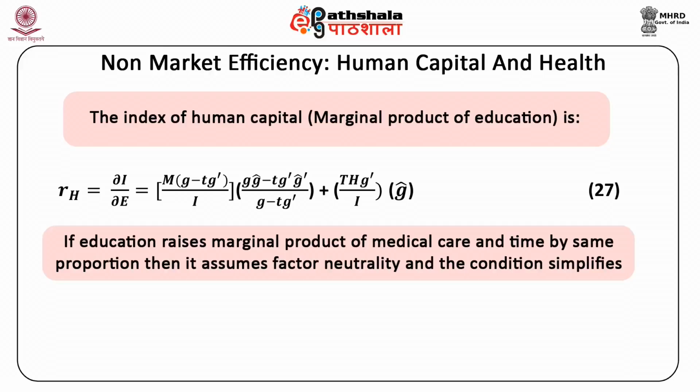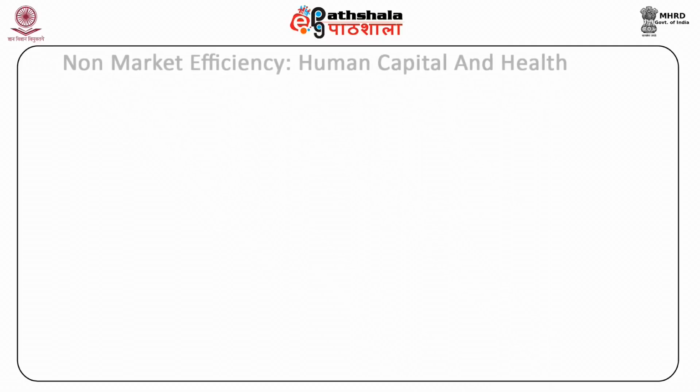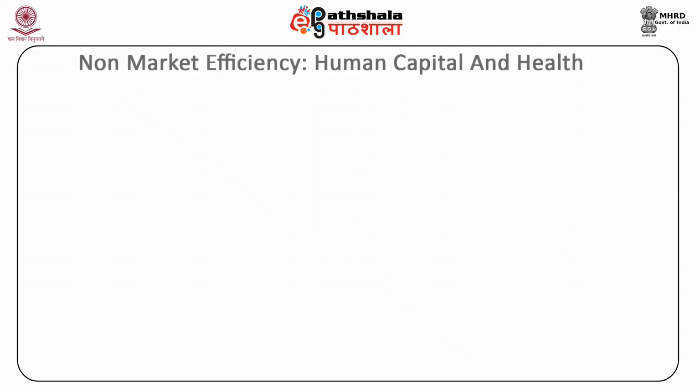If education raises the marginal product of medical care and time by the same proportion, then it assumes factor neutrality and the condition simplifies to RH is equal to G hat is equal to G' hat. Equation 28. Increase in marginal product implies a fall in input quantity to produce gross investment.